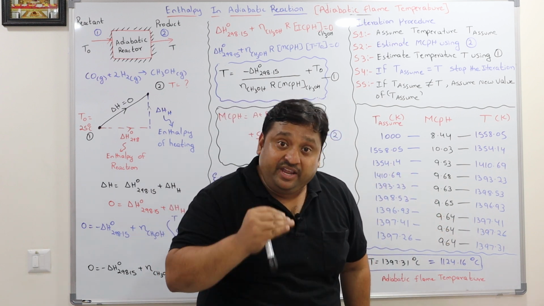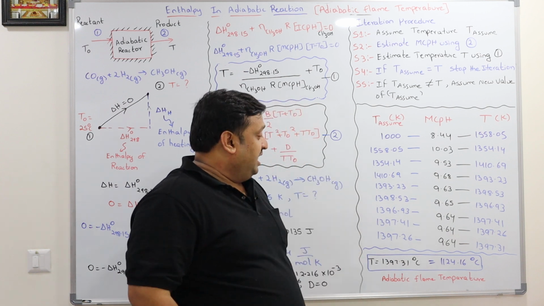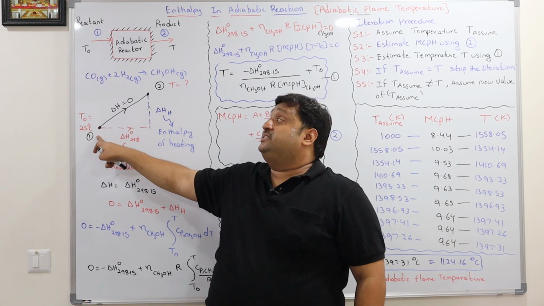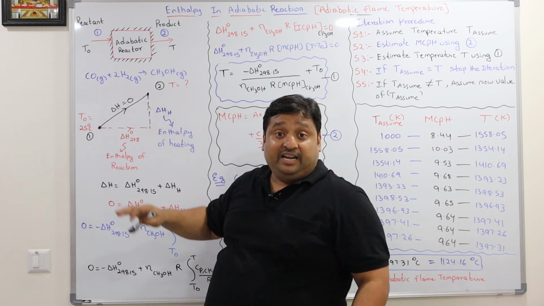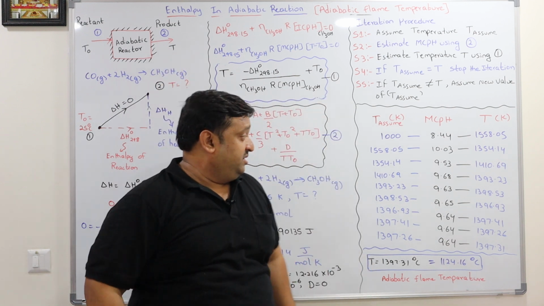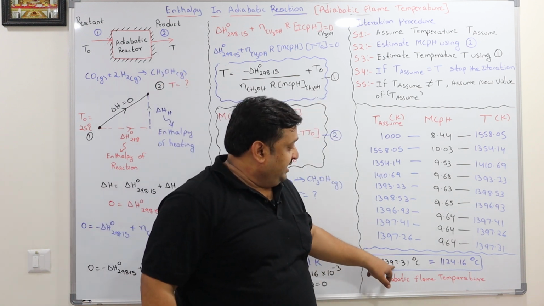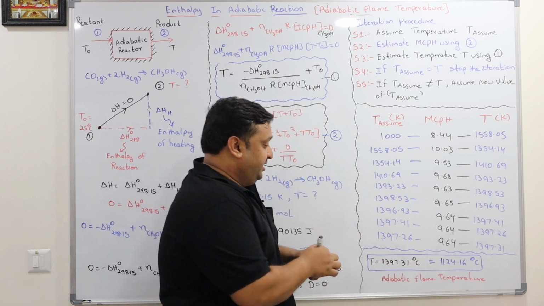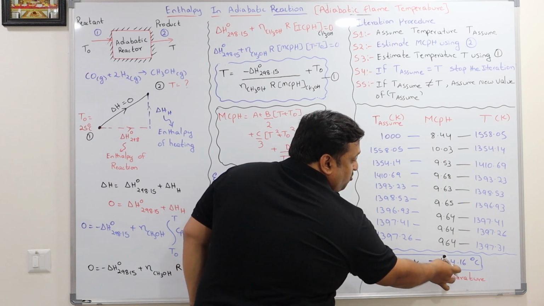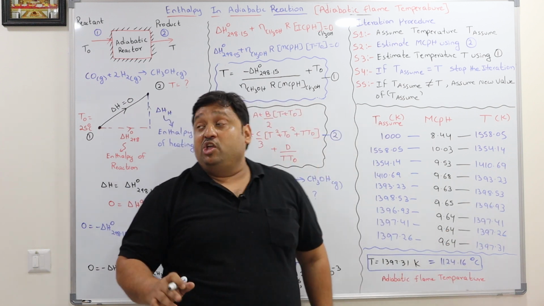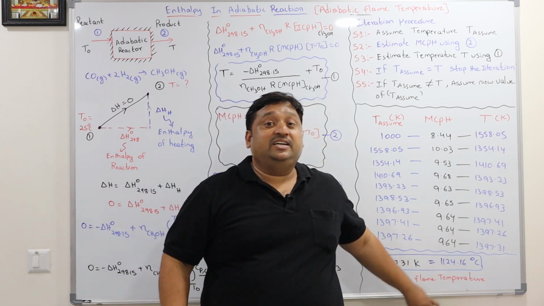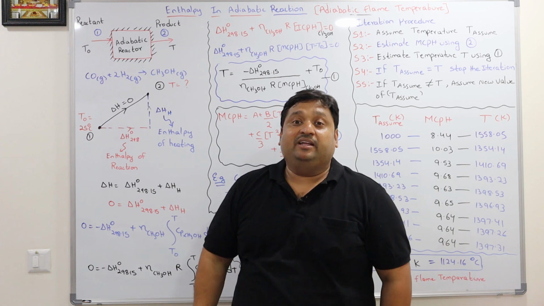That means you have reached the solution: if you conduct this particular reaction at 25 degrees centigrade in adiabatic conditions, the final temperature after the reaction is 1397.31 Kelvin, which is equal to 1124 degrees centigrade. That means you started at 25 and reached more than 1000 degrees centigrade in adiabatic reactor conditions.